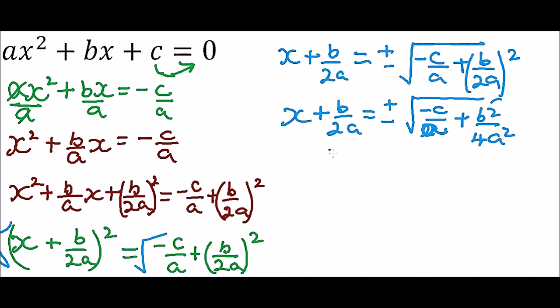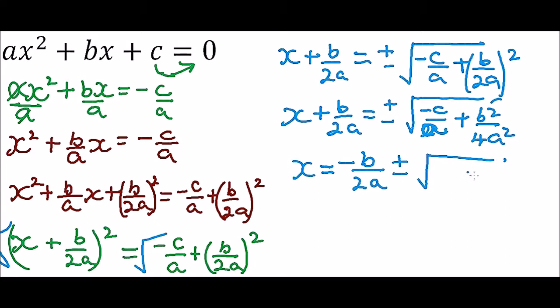So we have x equals, we take b over 2a to the other side, so it becomes minus. So we have minus b over 2a plus or minus. Now we write this with the LCM, which is 4a squared.